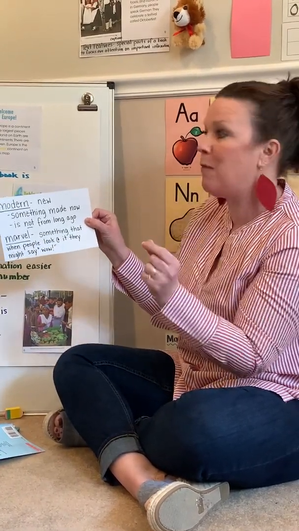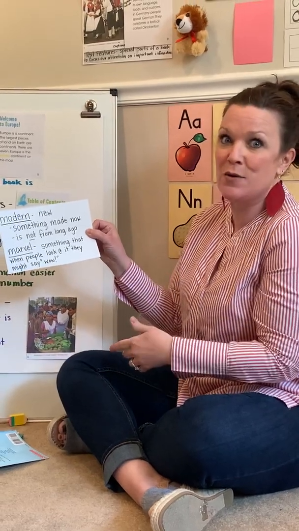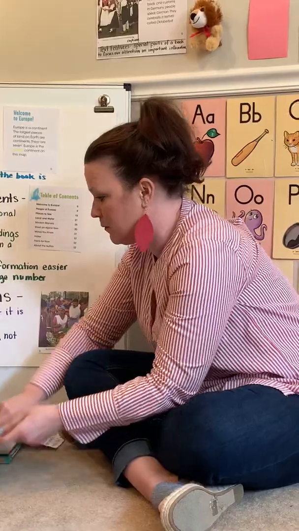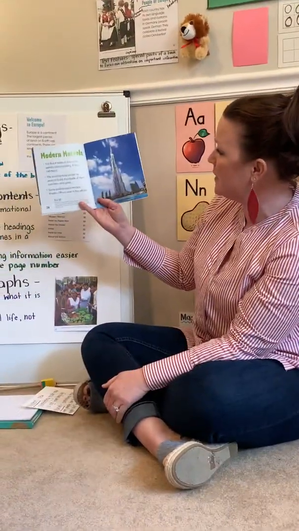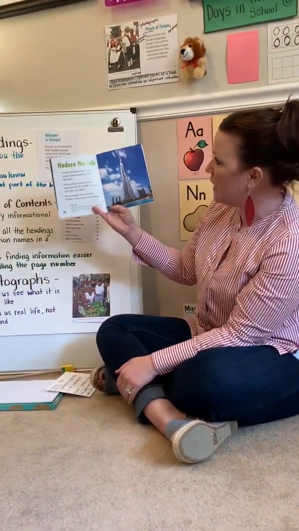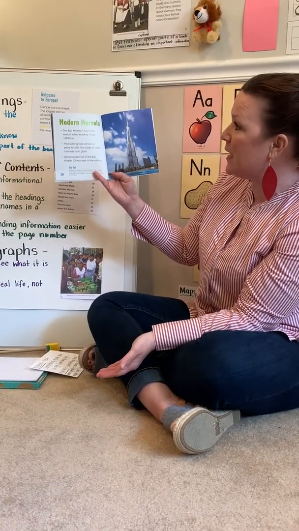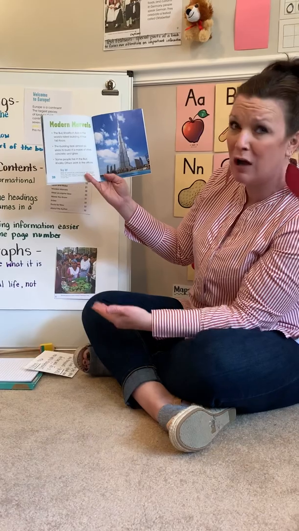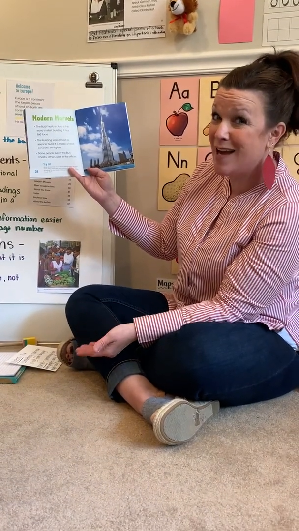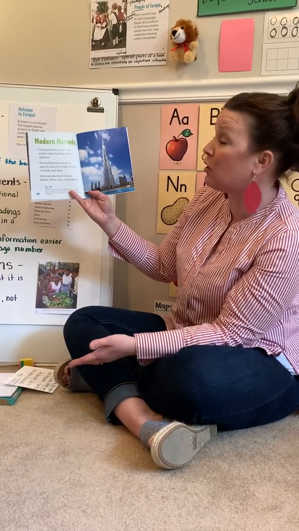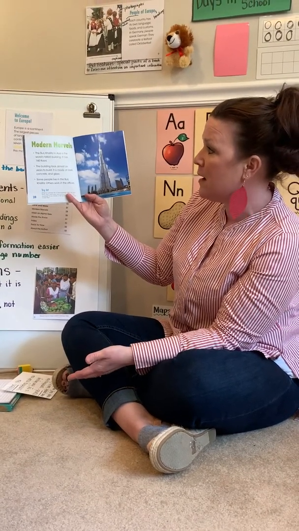So a modern marvel would be a new wow kind of thing. And that's when we can look at this building and we can look at the words. It says the Burj Khalifa in Asia is the world's tallest building. That's kind of wow. Like there's no other building on the entire earth that's as tall as this building.